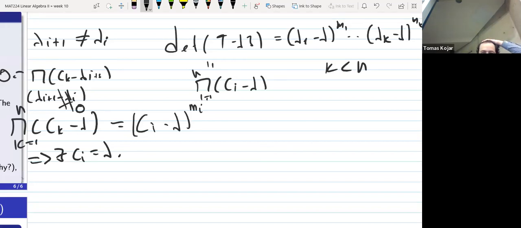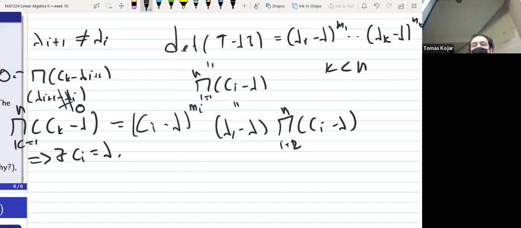But we already said that at least one of them matches. So you literally have lambda_1 minus lambda times the product from i equals 2 to n of c_i minus lambda, because we already showed that at least one of them matches, but then they have to match by Euclidean division.